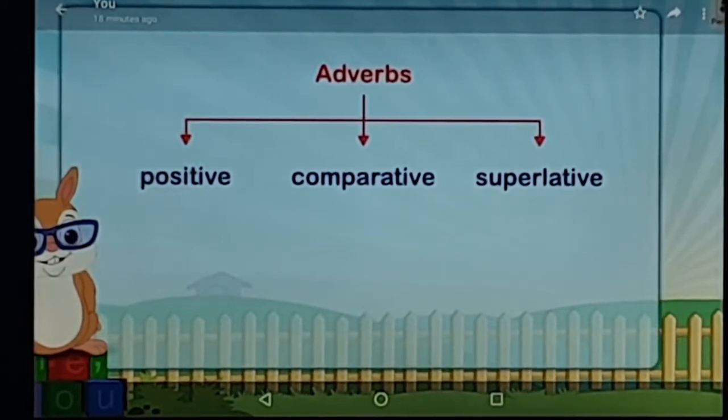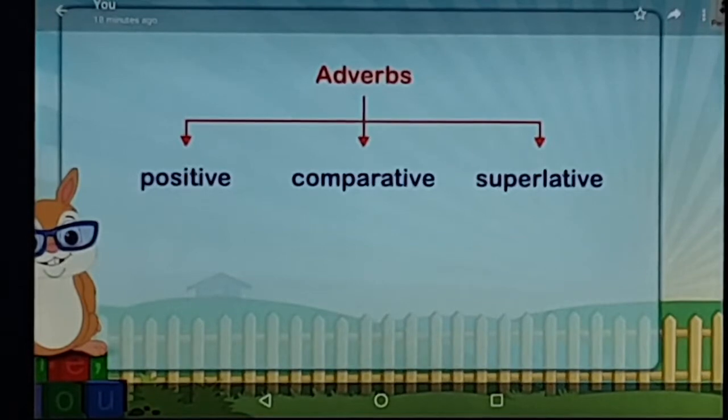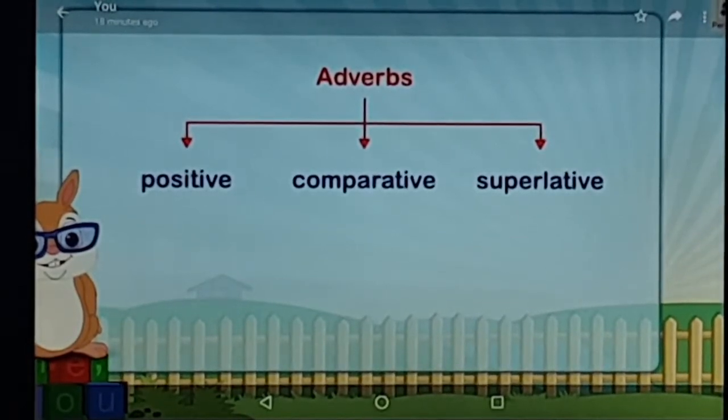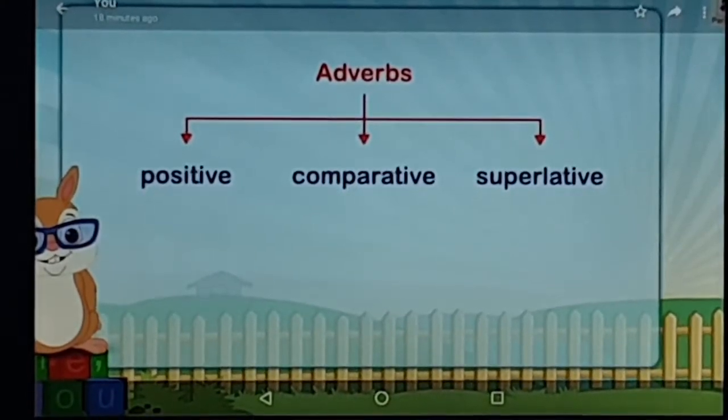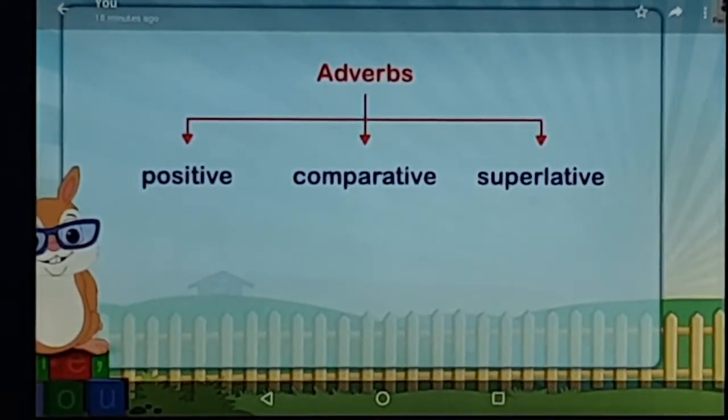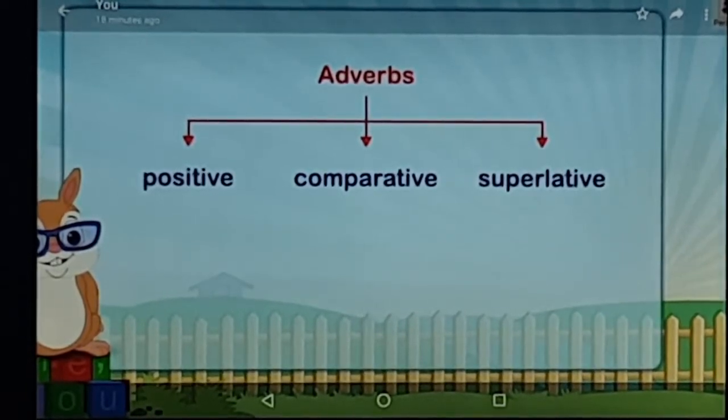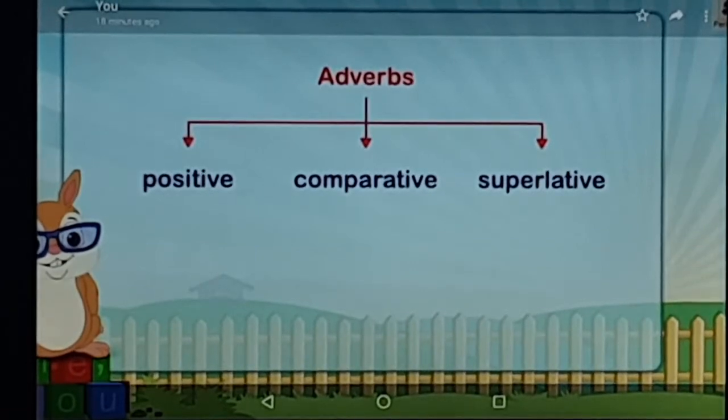In comparative degree, we compare the actions of two nouns, and in superlative we compare the actions of more than two persons.